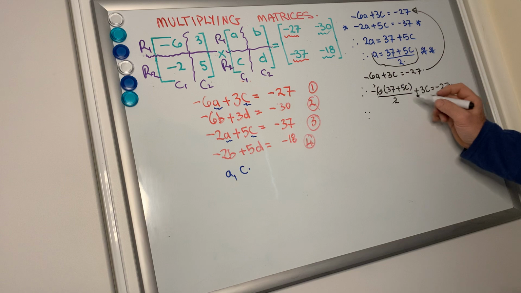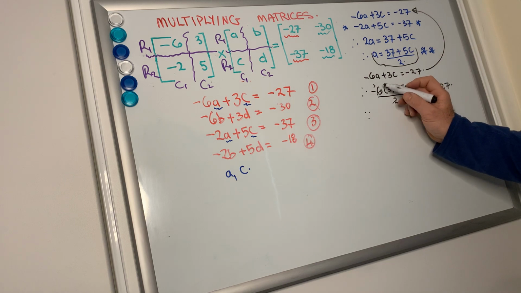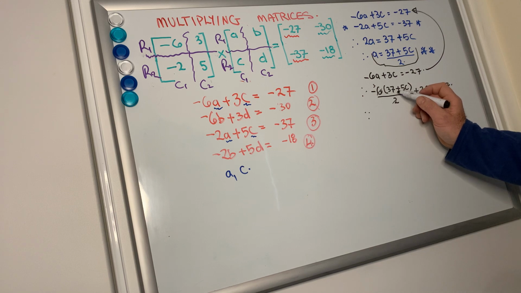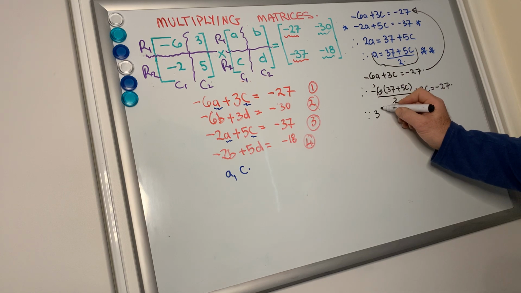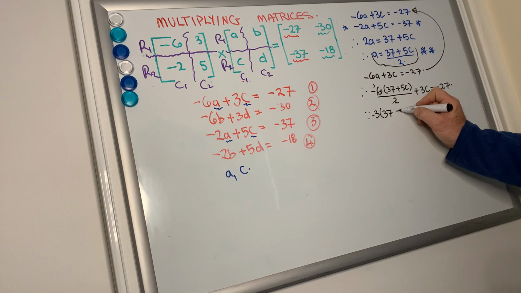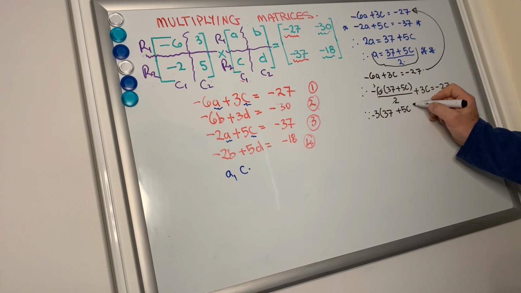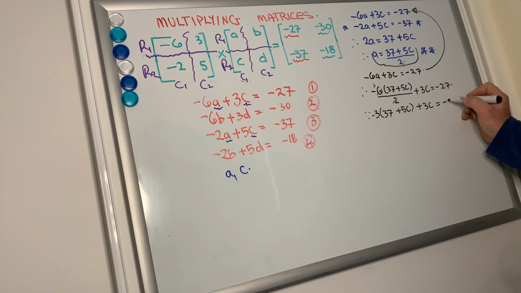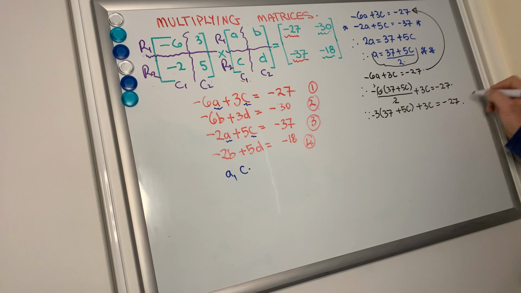So therefore, 3 times 37 is equal to, so we're at 3, 30, it's a negative, 37 plus 5c, plus the 3c is equal to minus 27.